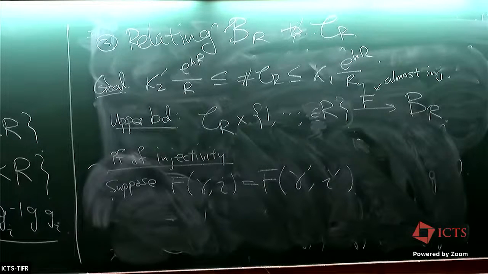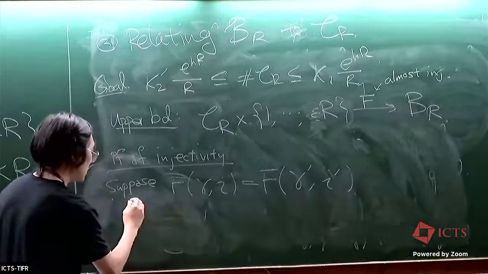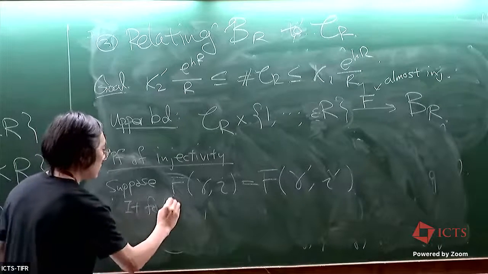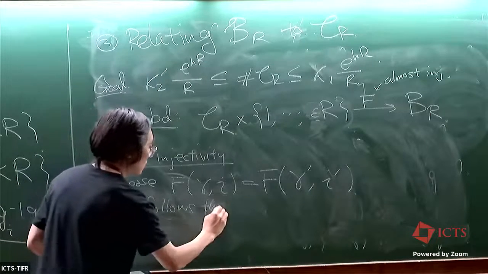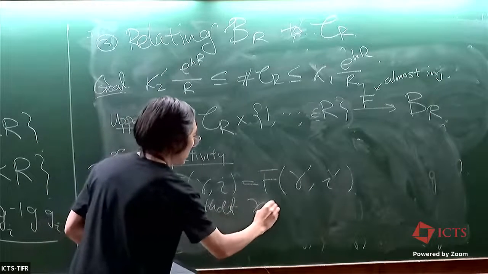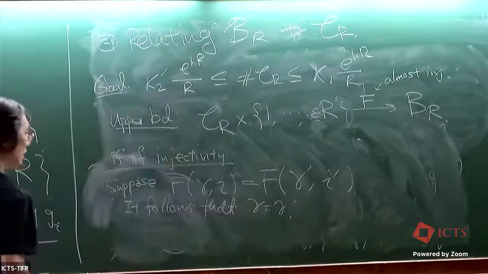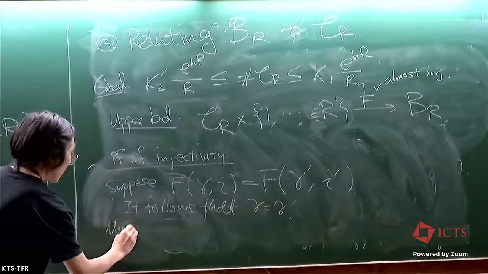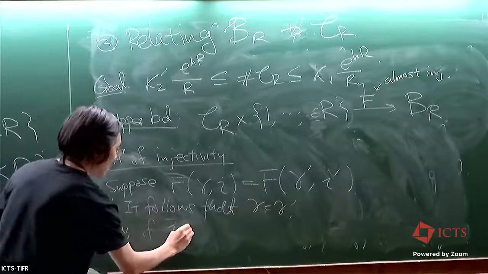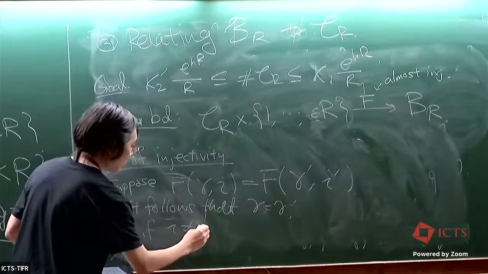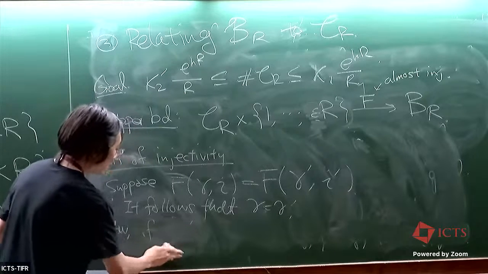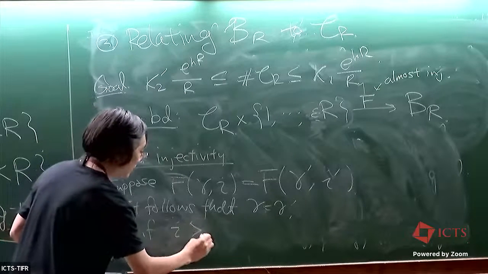It follows that gamma is gamma prime. Now, if i and i prime differ significantly, let's say i is greater than i prime.